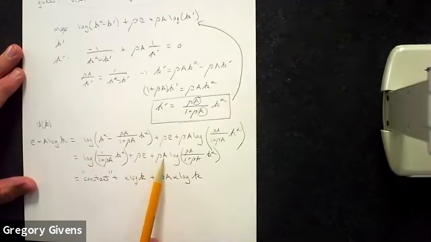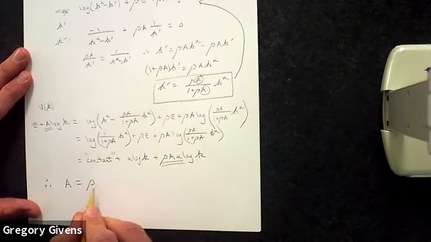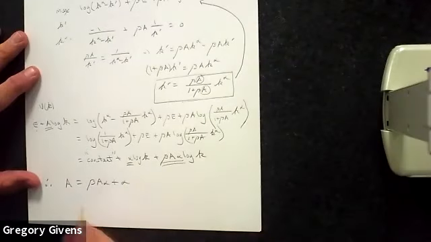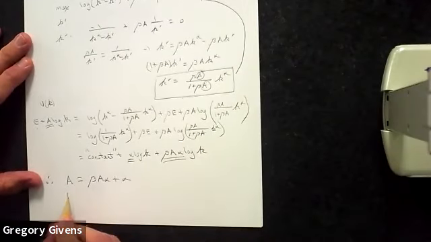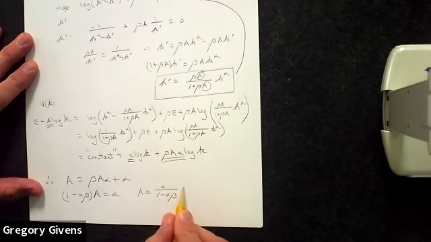A, if we now match coefficients, has to be equal to beta a alpha plus alpha, right? So 1 minus alpha beta times a is equal to alpha, or a is equal to alpha over 1 minus alpha beta.